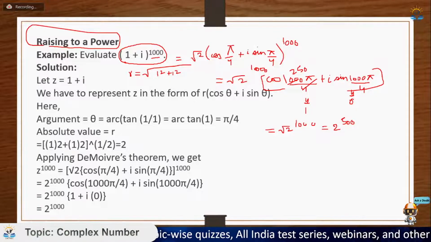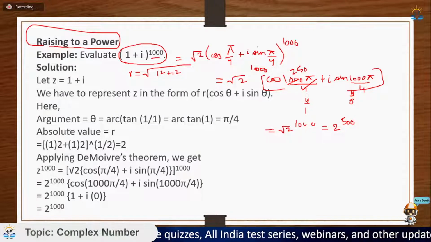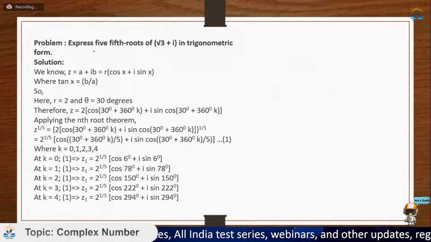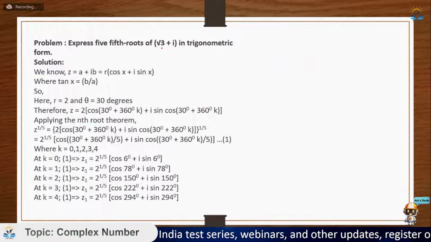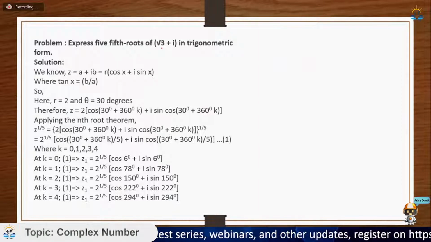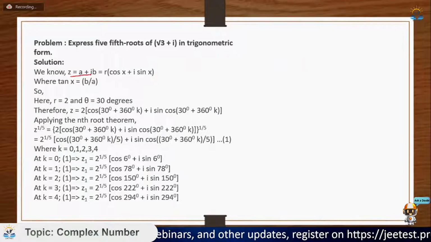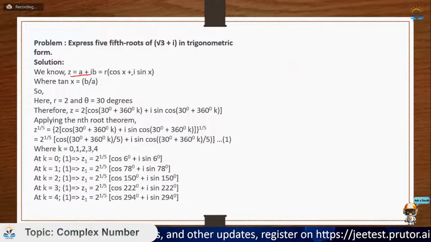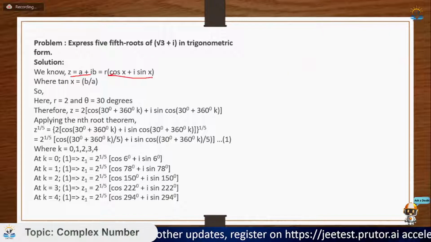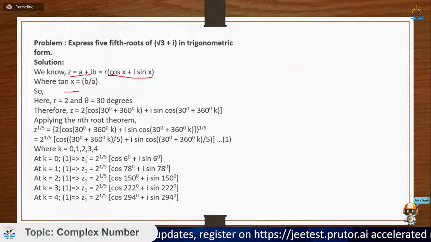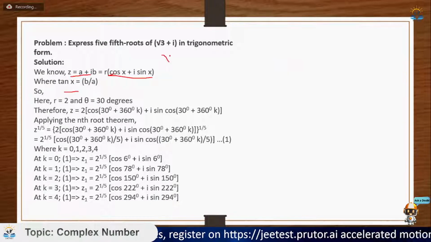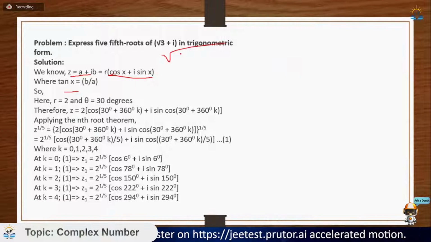Now moving ahead, express the fifth roots of root 3 plus iota in trigonometric form. So z is equal to a plus ib, and we will write it in the form of r cos x plus iota sin x, where tan x is b by a. Calculating r, it would be root 3 square, which is 3, plus 1 square, which is 1.